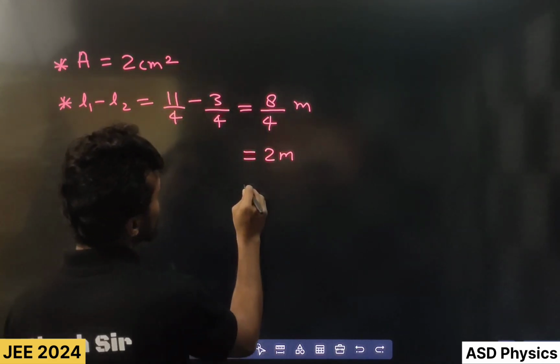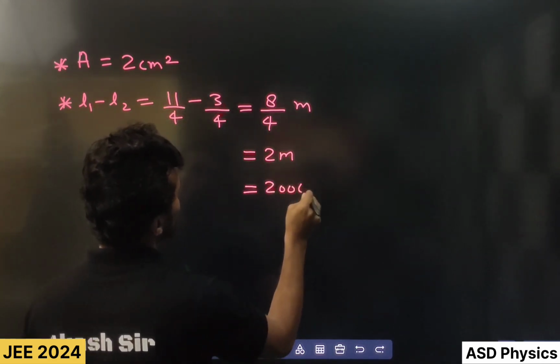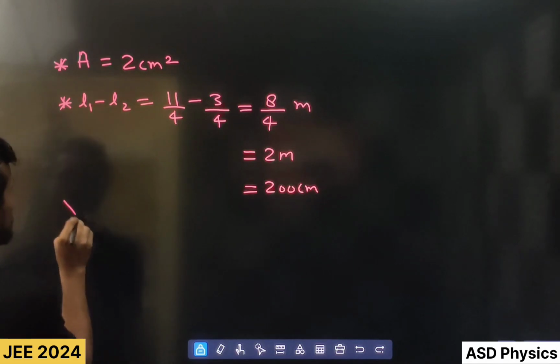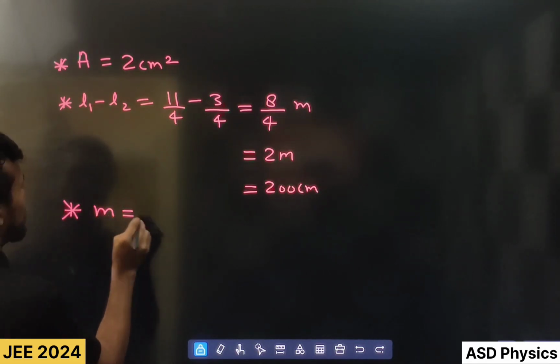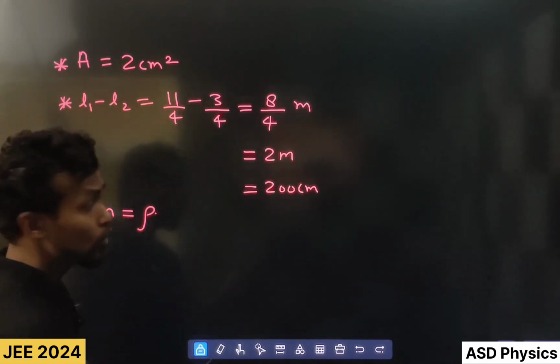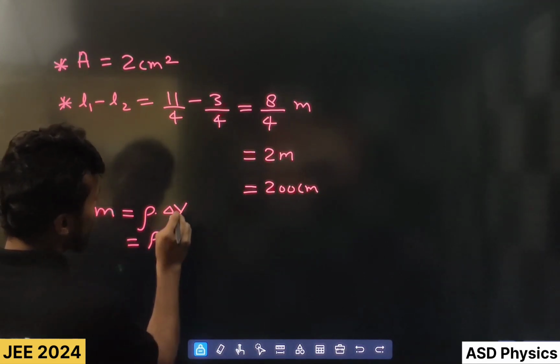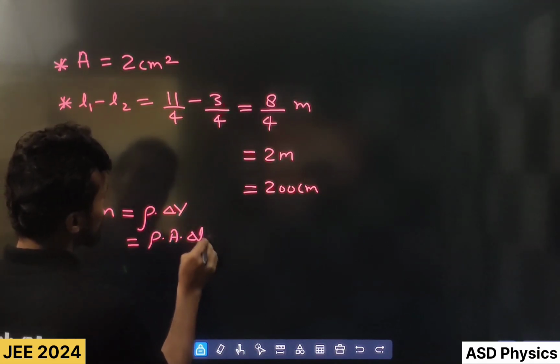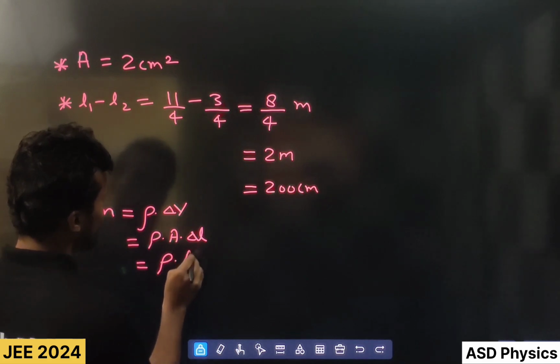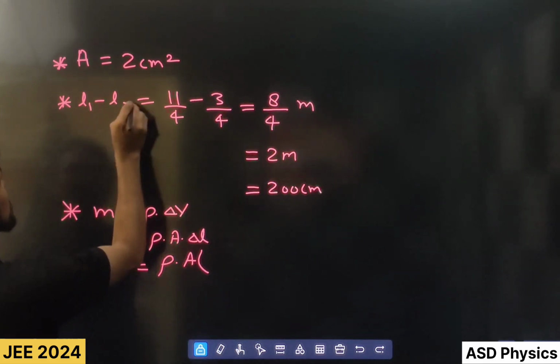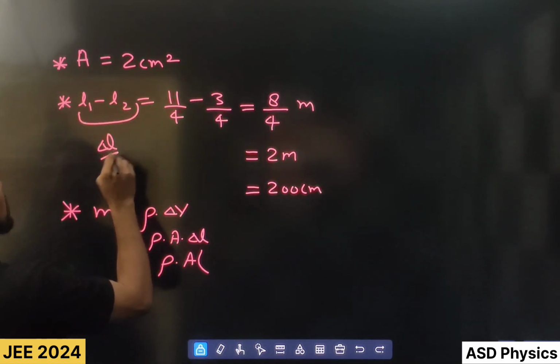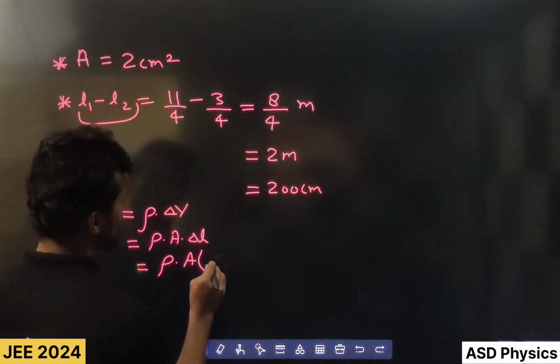Now here the area is in centimeter, so I will convert this into centimeter as well. It comes 200 centimeter. Then, students, you know very well mass means density into volume, and volume means A into delta L, so mass is rho A delta L, where delta L is L1 minus L2.